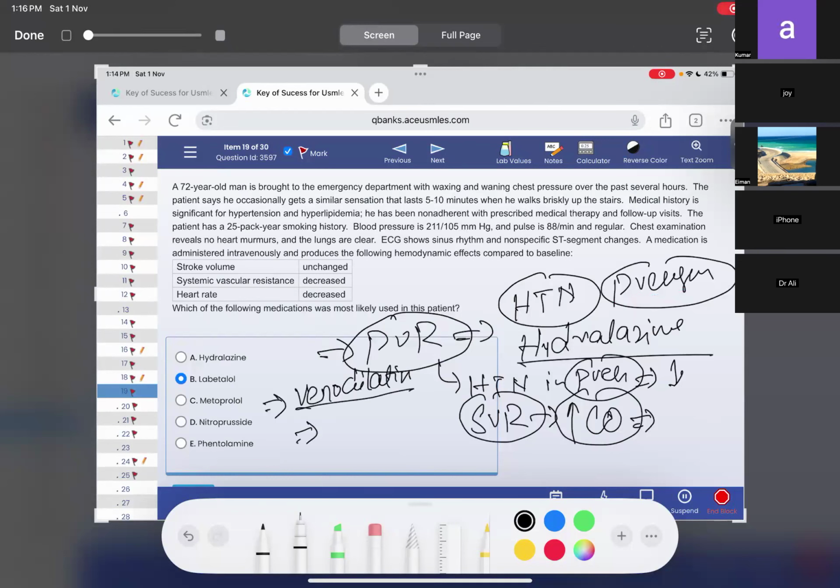So we give the patient hydralazine, which will decrease the peripheral vascular resistance. Okay, doctor? Anyone with a question?